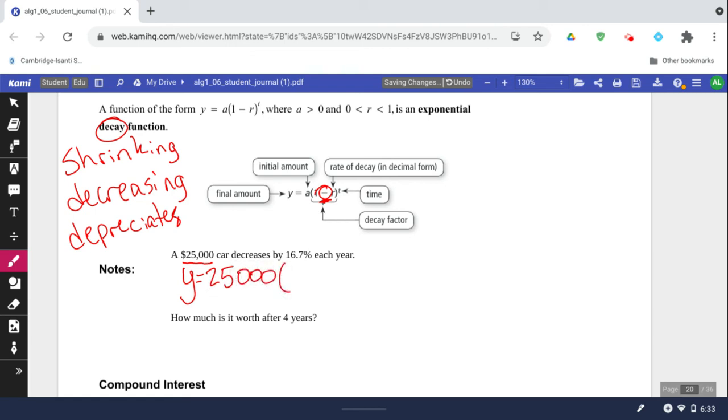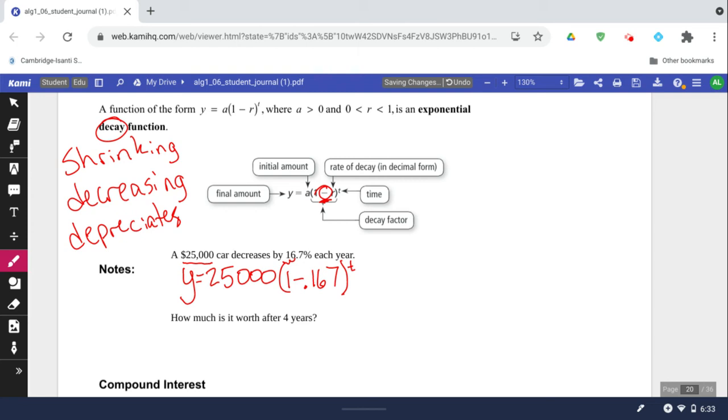I've got 1 minus r. 1 minus, and I'm not going to say 1 minus 16.7%. I'm going to get some crazy number if I do that. I know I've got to move that decimal place to get 0.167, to the t power.